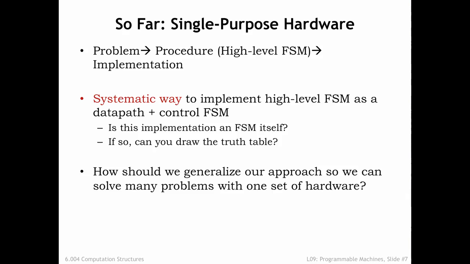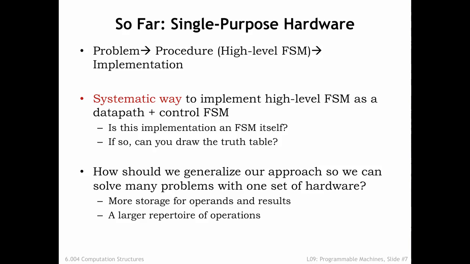So, how do we generalize this approach so we can use one computer circuit to solve many different problems? Well, most problems would probably require more storage for operands and results. And a larger list of allowable operations would be handy. This is actually a bit tricky. What's the minimum set of operations we can get away with?